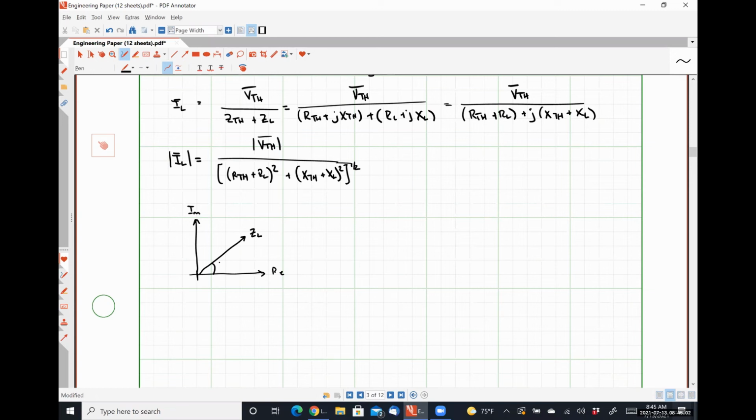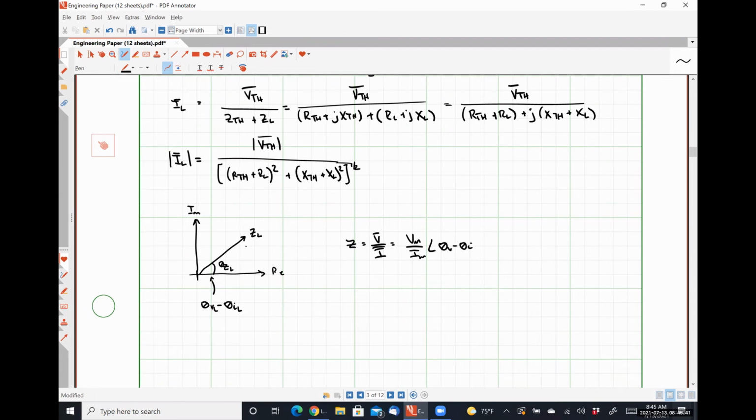This angle formed right here, theta ZL, is by definition theta VL minus theta IL, right? If you don't understand that, which is perfectly reasonable, we know that the definition of impedance Z is V phasor over I phasor, which would be VM over IM with an angle theta V minus theta I. Okay.